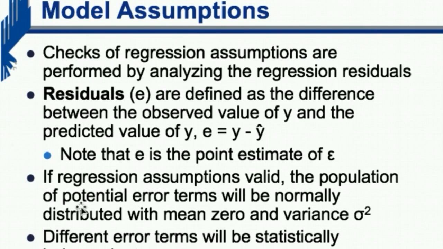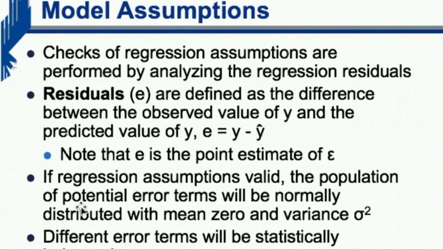And as mentioned earlier, residuals, denoted by small letter e, are defined as the difference between the observed value of y, so the actual value of y that you obtained from your sample, and the predicted value of y, which is denoted by y hat, using the regression model. So note that e is the point estimate of the Greek letter epsilon. Epsilon refers to the population parameter, so e is only the point estimate that we obtained from the sample.